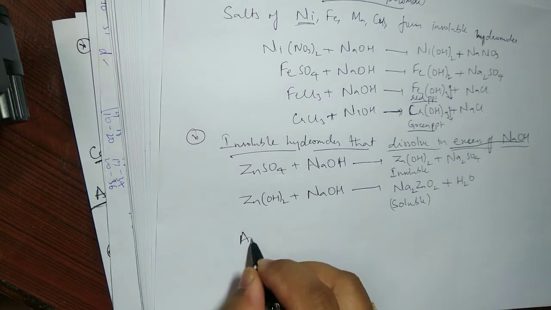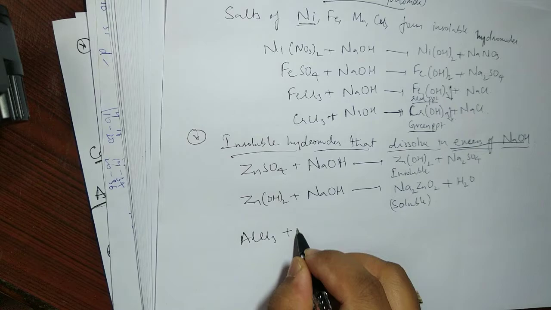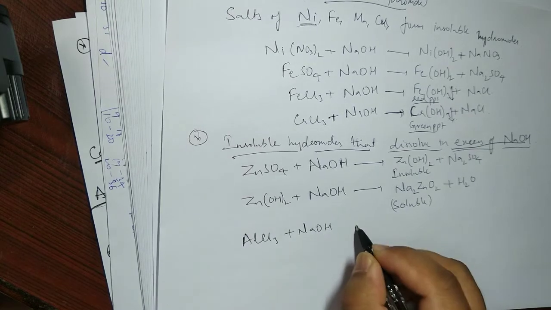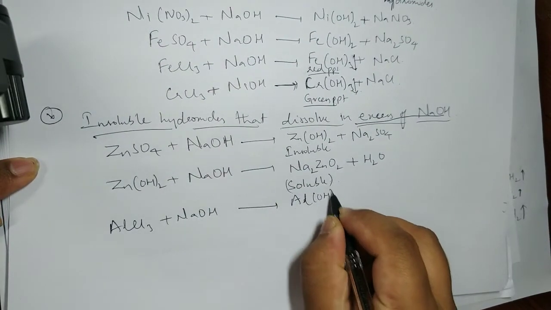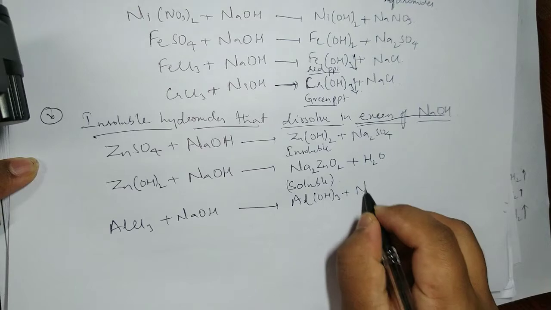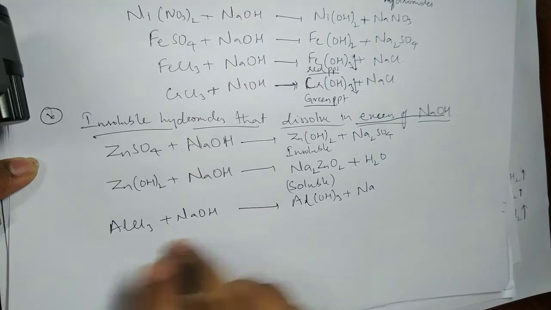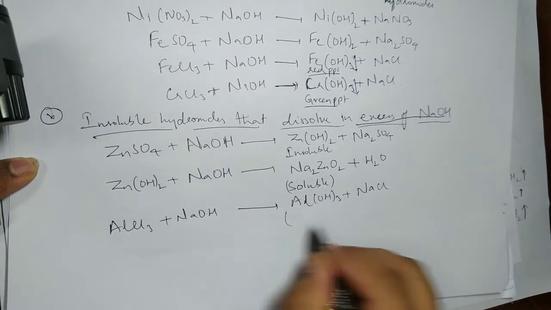Same with aluminum chloride, AlCl3 and NaOH, it forms aluminum hydroxide, and aluminum hydroxide is insoluble. Aluminum hydroxide plus NaCl is formed.